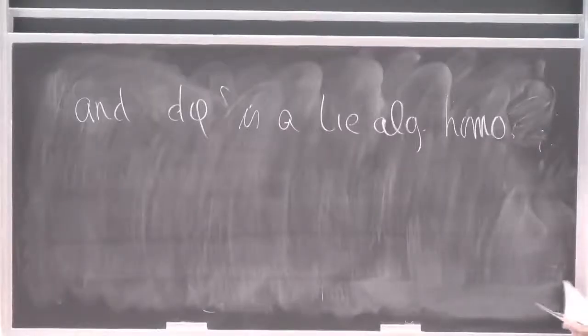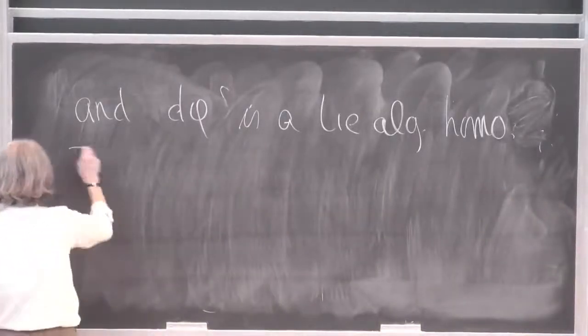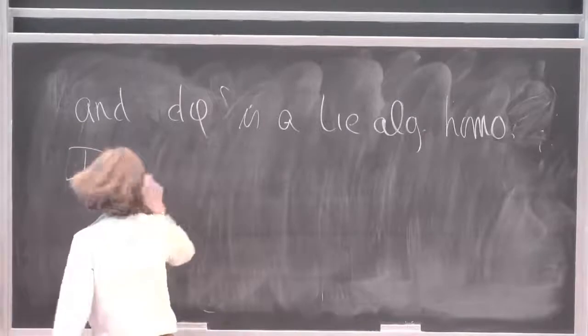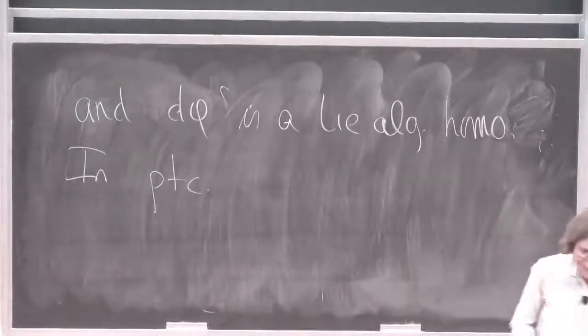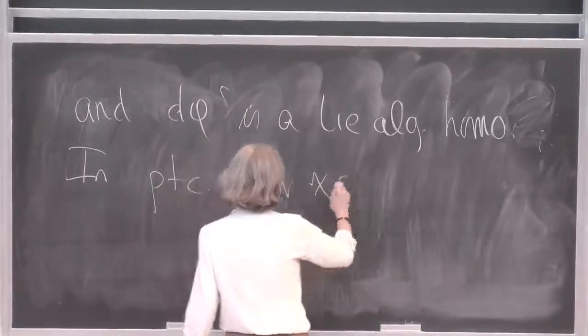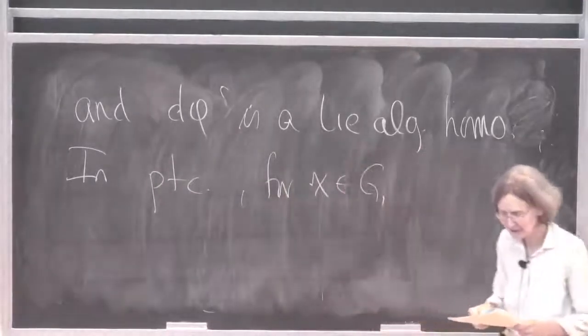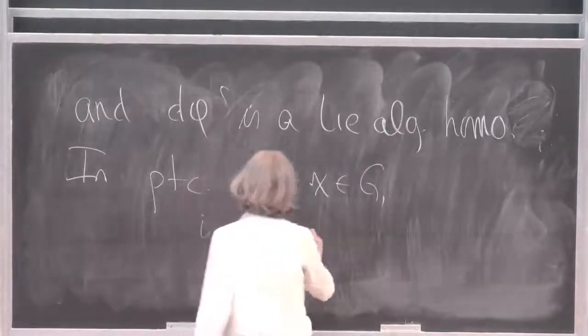So, in particular, for x in G, I had a map that I liked, this I_x, this interior map here.